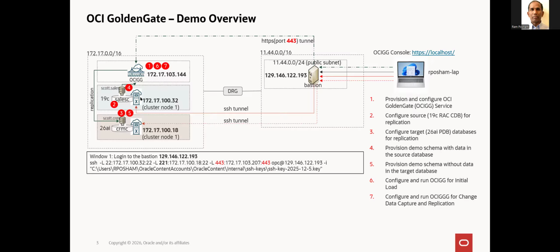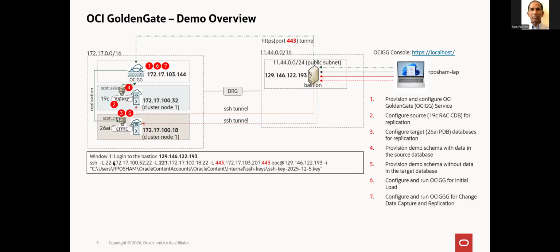This is the IP address for the first node of this RAC database. Again, as I said, it doesn't have to be Exadata. It could be any RAC database, or for that matter, a single instance database also. And then this is the IP address of the database node on the target side.